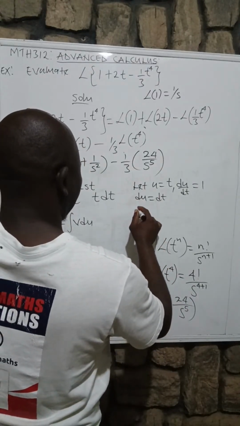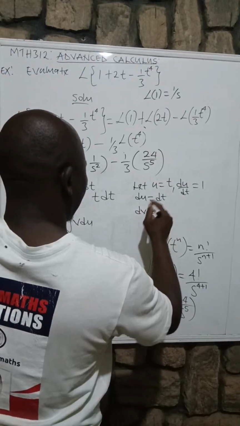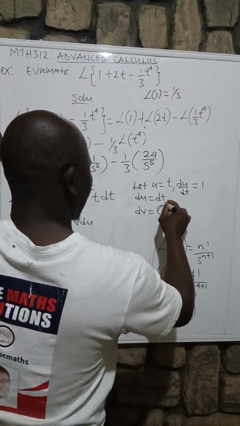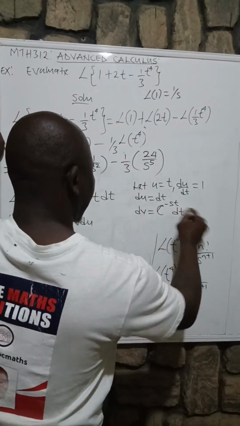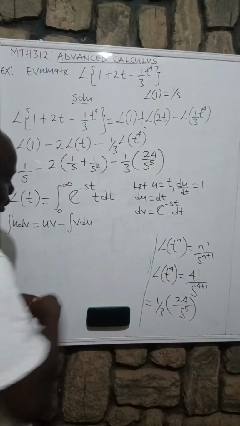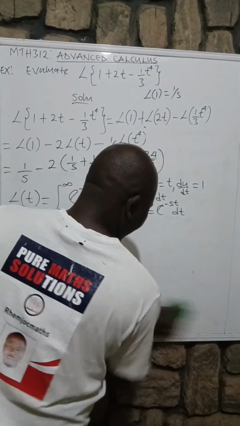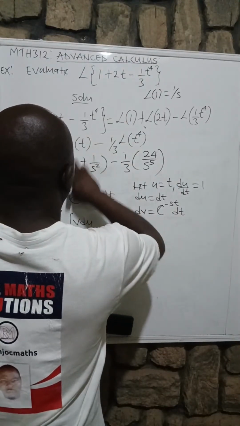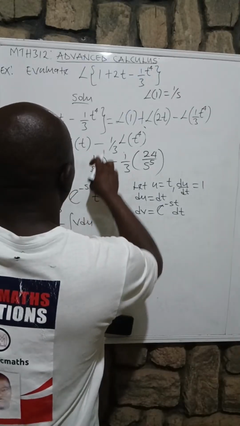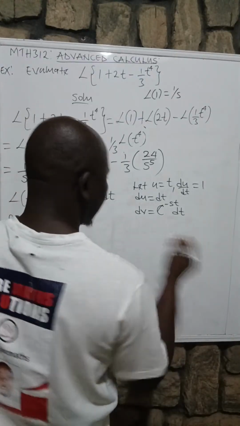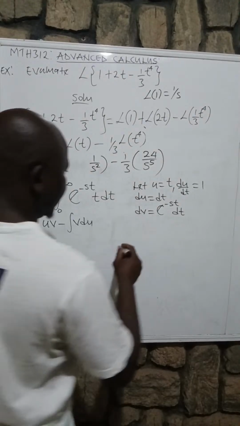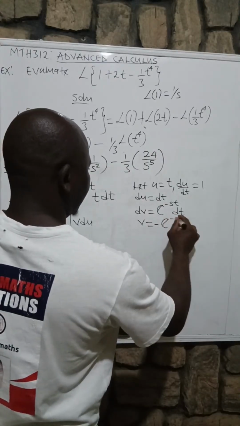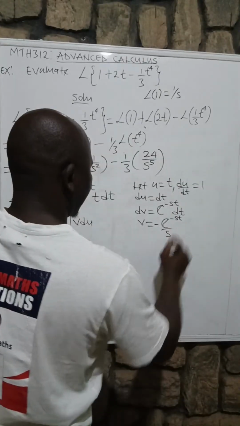Then let dv be equal to exponential minus st dt. Yeah, I made a mistake. When you integrate, v equals minus exponential minus st all over s.